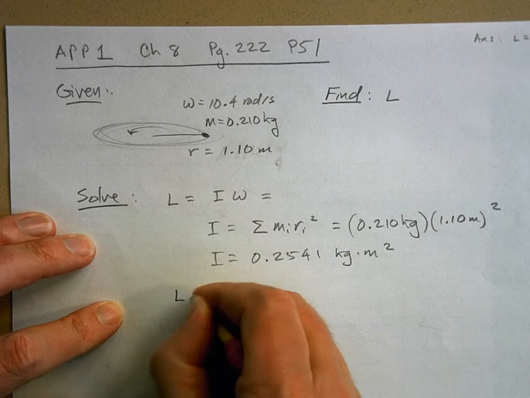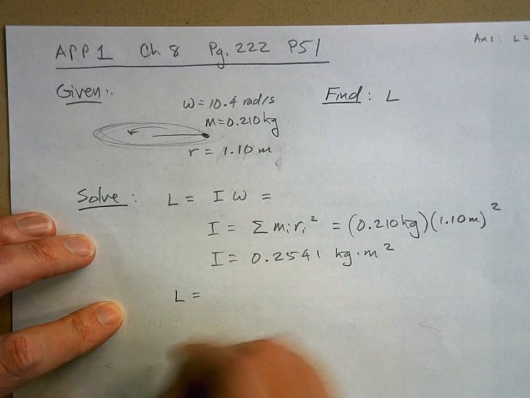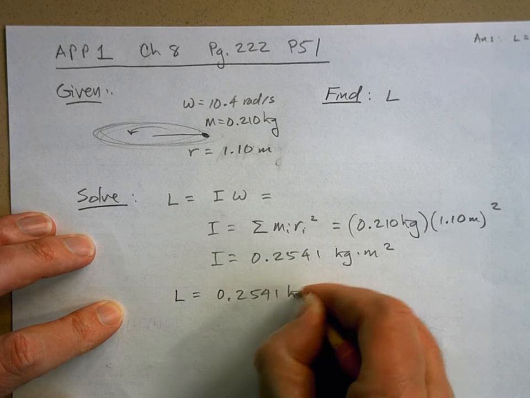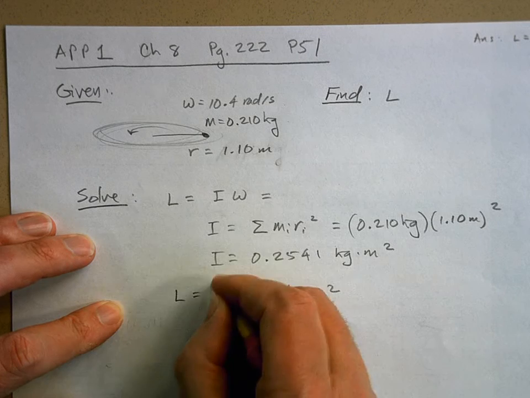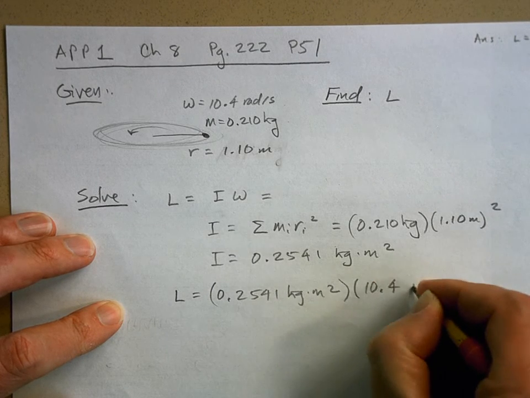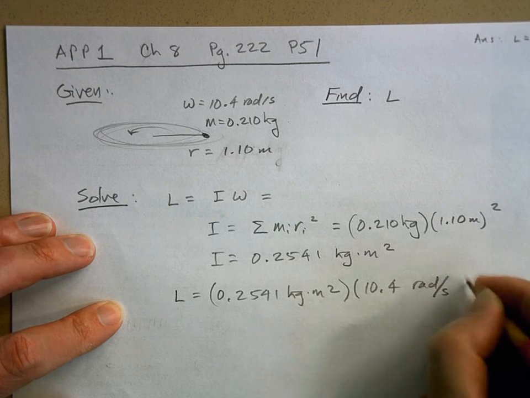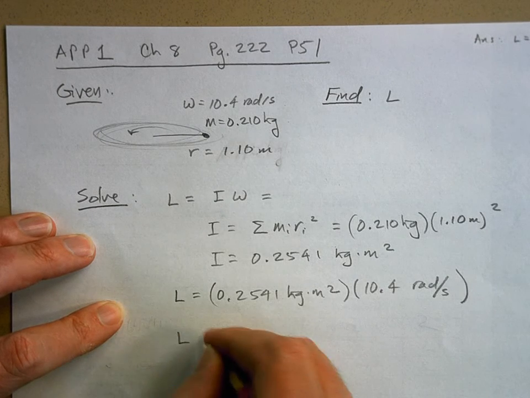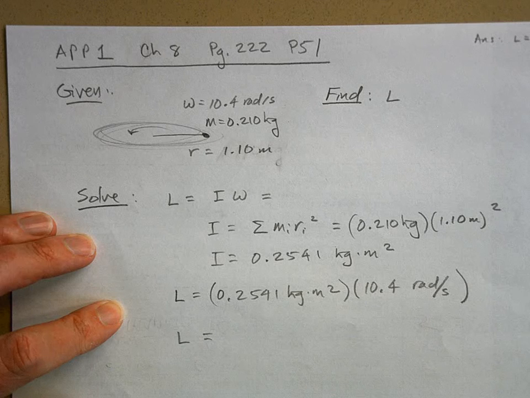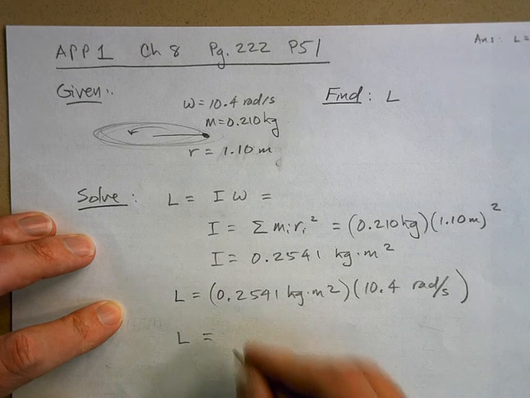So L is equal to 0.2541 kilogram meter squared times 10.4 radians per second. So I just have to take that times 10.4, and I get 2.64.